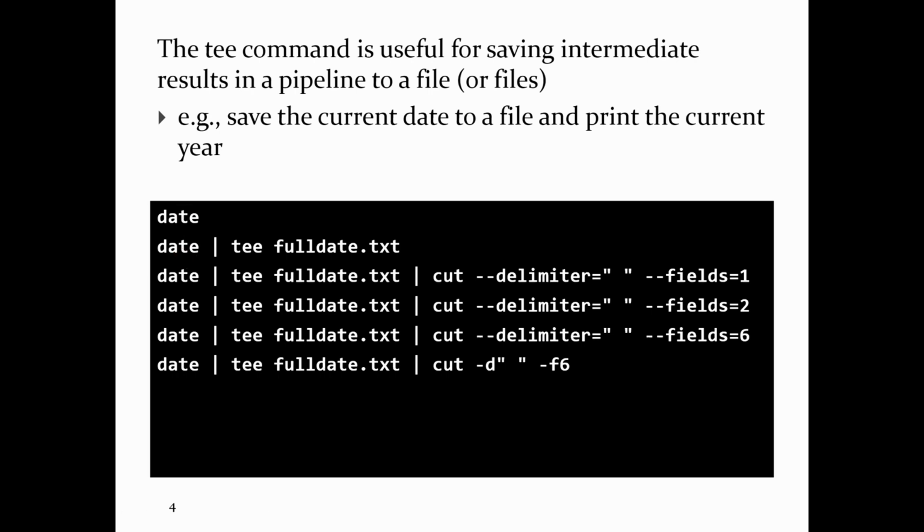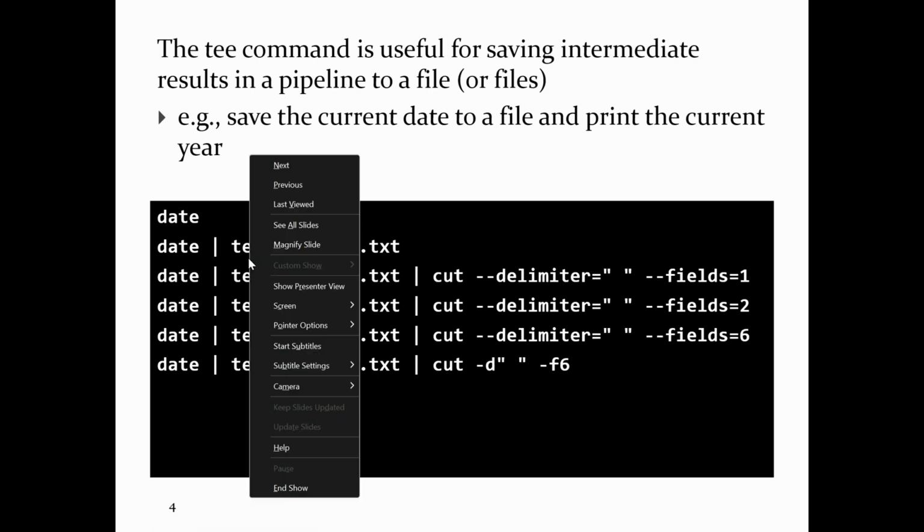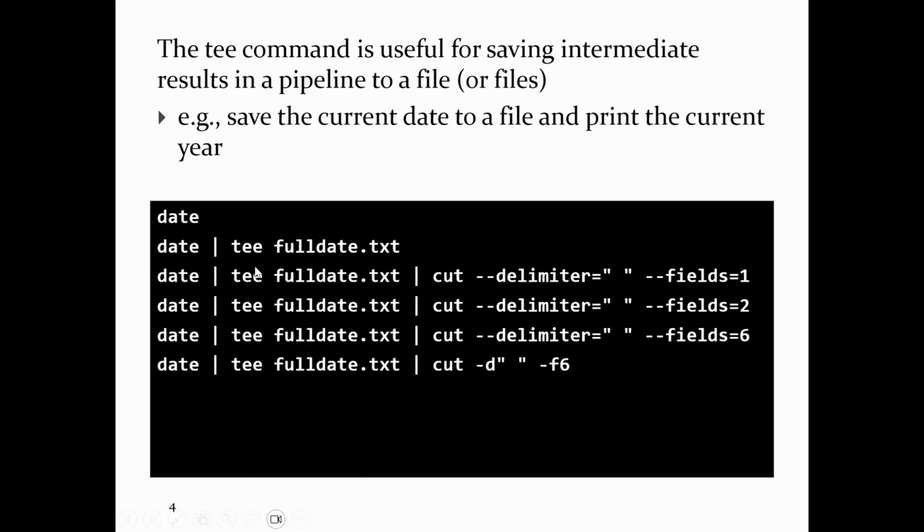Here I'm going to take the output of date and pipe it to a T. So remember what this does. The T will send whatever output it got from date to the file full date.txt, and on T's standard output will appear whatever input it got from date. So this will print the output of date and also save it to a file.